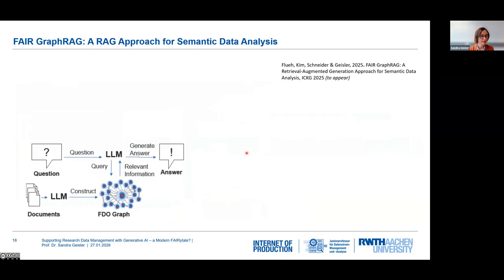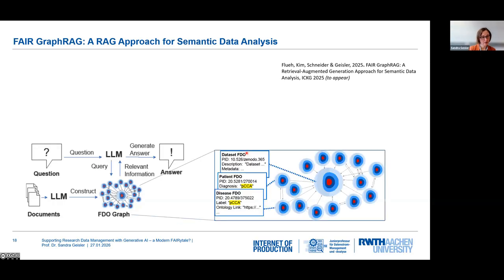One thing is that we would like the LLM to answer questions about the distributed data sets that we have. Our concept here is that these data sets are described by metadata, of course, in a unified way, but using FAIR digital objects.